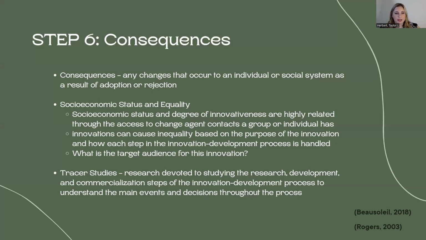One part of step 6 is socioeconomic status and equality. Depending on the target audience that an innovation is meant for, it can have effects on the socioeconomic status and the degree of innovativeness of a society. So innovations can cause inequality because, let's say, the development of electric cars.